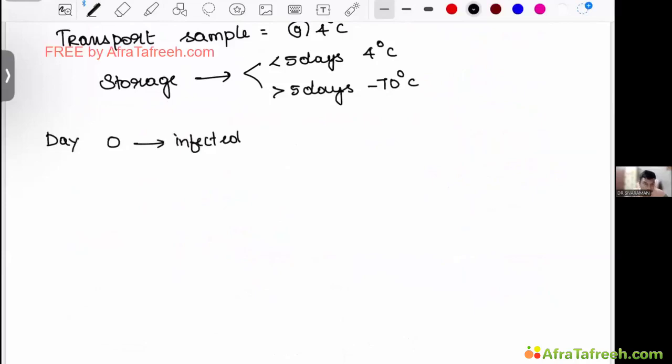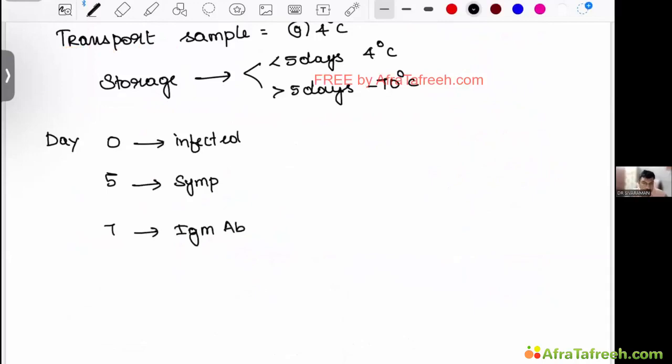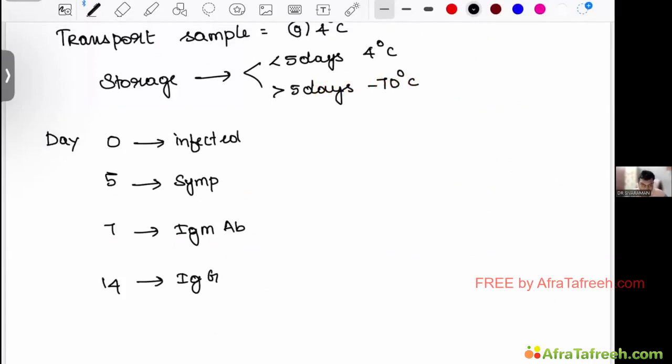On day 5 he is going to develop symptoms. On day 7 he is going to be positive for IgM antibody. On day 14 he is going to become IgG positive.